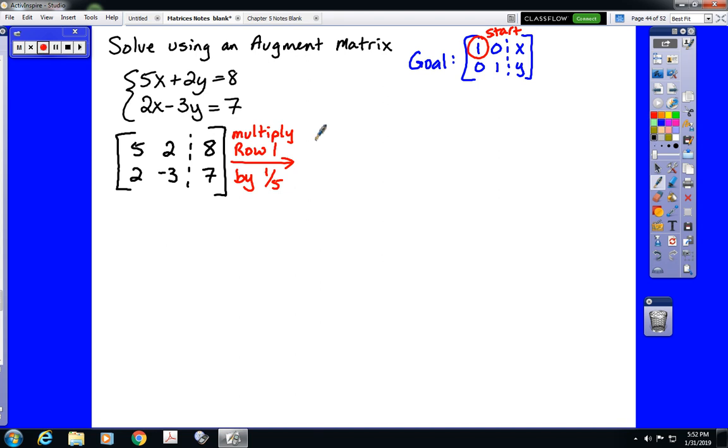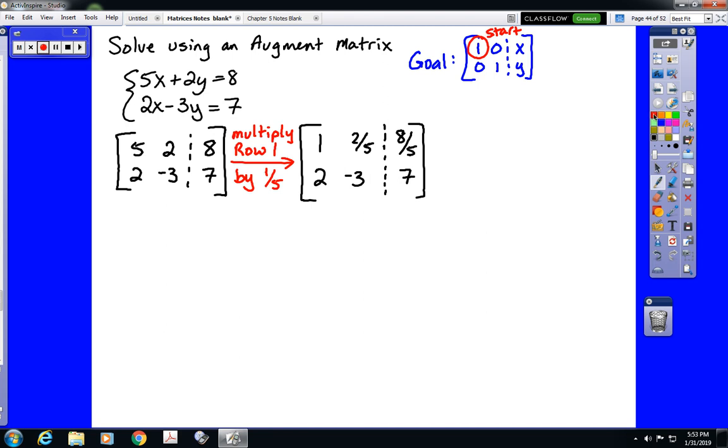Remember that division is really just multiplication by a fraction, so you're allowed to divide by a number as well. When we do that, the new first row would be 1, 2/5, 8/5. And we didn't do anything to the second row, so that is still 2, -3, 7. That gets us our 1 in the upper left.